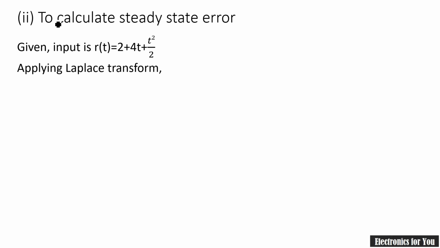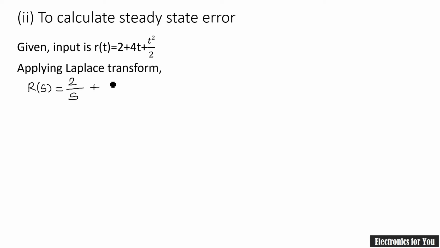Next we have to calculate the steady state error, and in this case the given input is this one. Now let us apply the Laplace transform here, and we get R(s) equal to, where we replace r by capital R and t is replaced by s. For 2 the Laplace transform is 2 upon s.